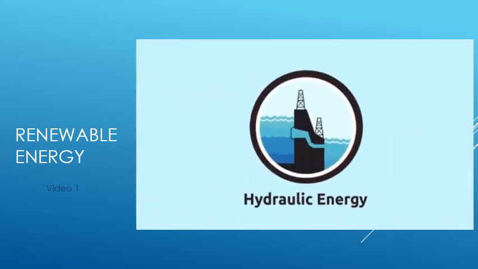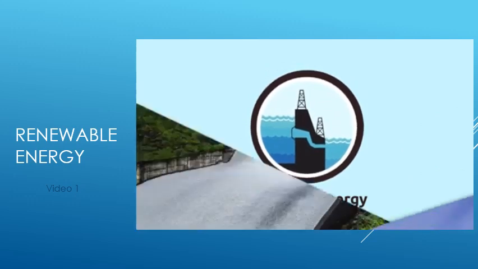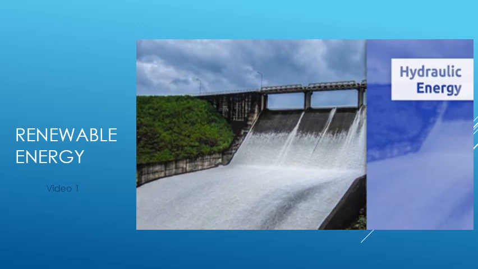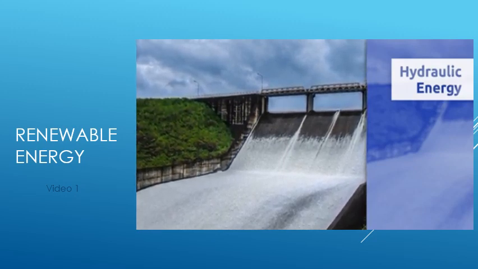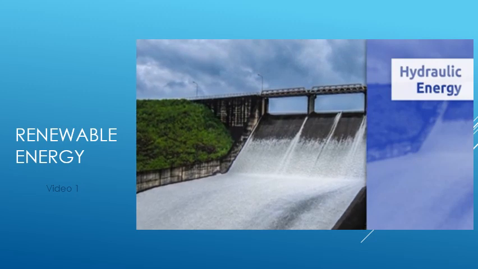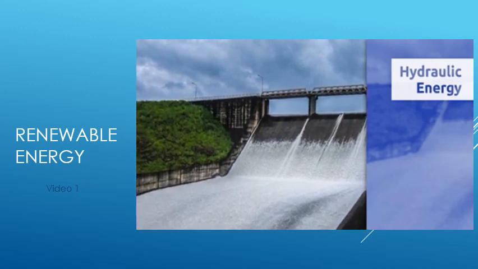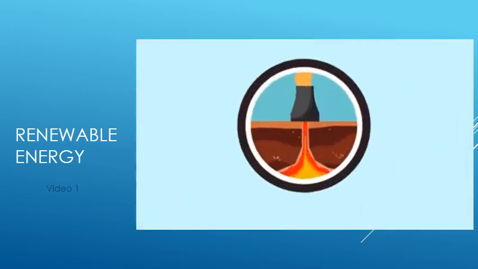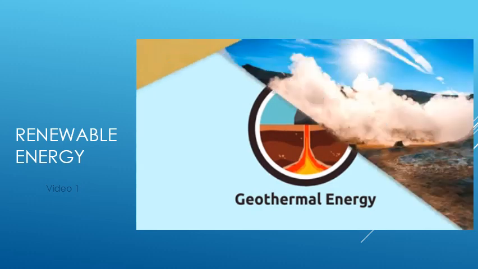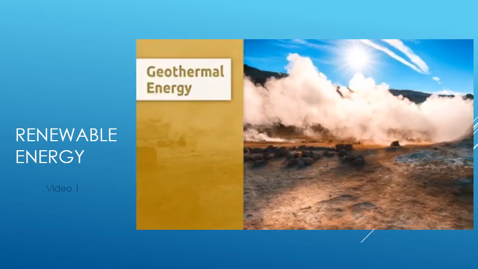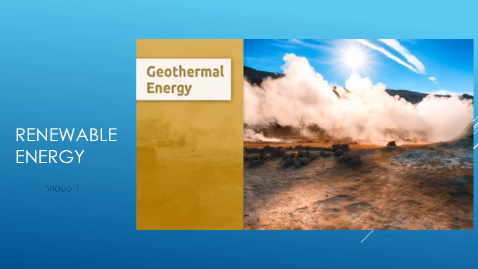Hydraulic energy is produced by the water we store in reservoirs or artificial lakes. Look at this dam! Water falls over from a high spot. Then, it flows through the hydroelectric factory, where the force of the water is transformed into electric energy. Geothermal energy is generated from the heat stored in the earth. This type of energy is used for heating a house or generating electricity, for example.